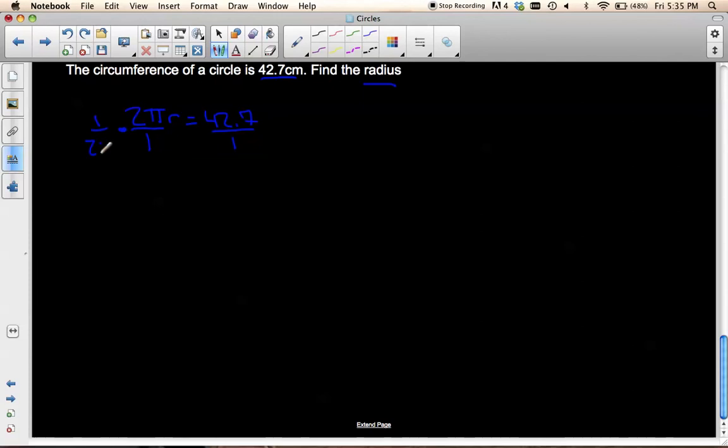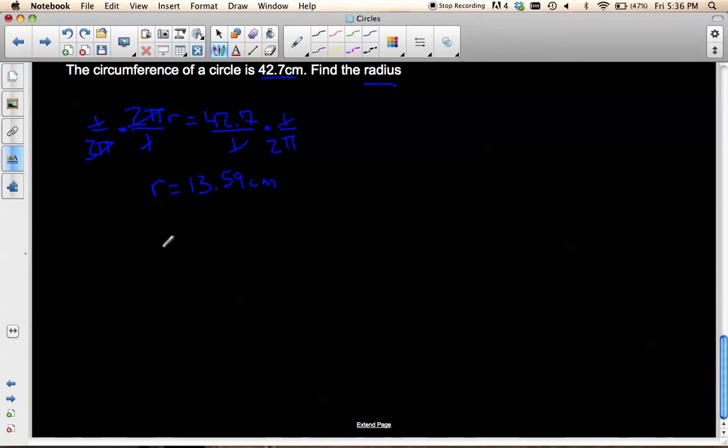We do the reciprocal of 2 pi. 1 divided by 1 is 1. 2 pi divided by 2 pi is 1, which isolates my radius. 1 divided by 1 is 1, and 42.7 divided by pi is going to give me 13.59 centimeters, which gives me my radius.